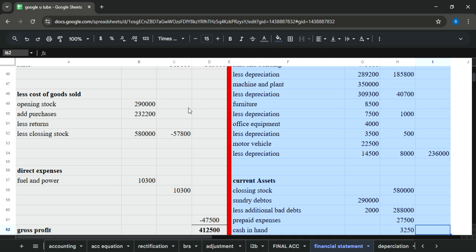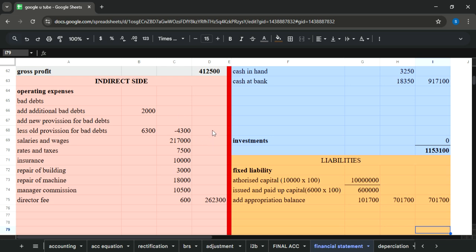And the only thing which we are waiting for is the provision which we have made for bad debts. Okay, now please understand what I was saying. This extra provision, there are two methods. You can put this provision over here as a minus sign. Or secondly, look at here, the old provision is excess.